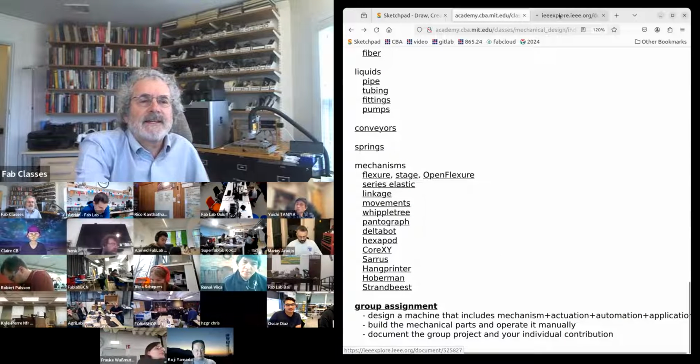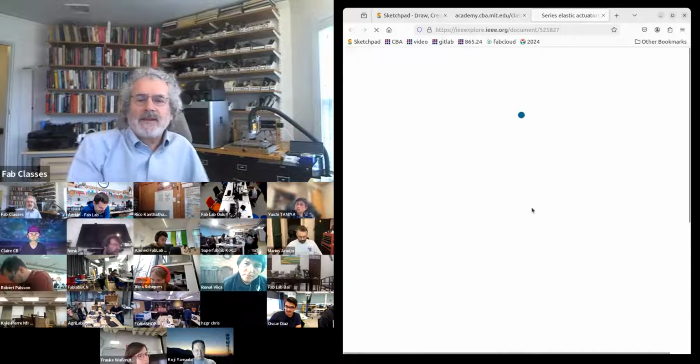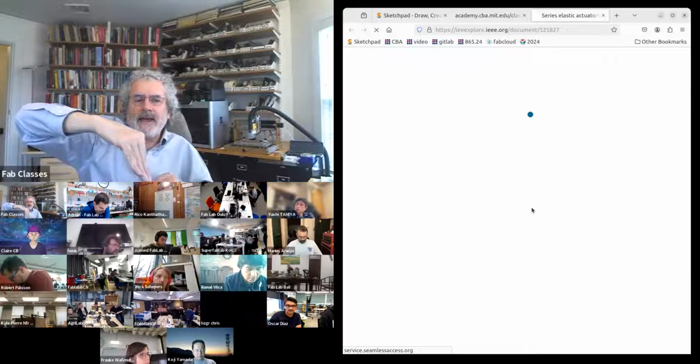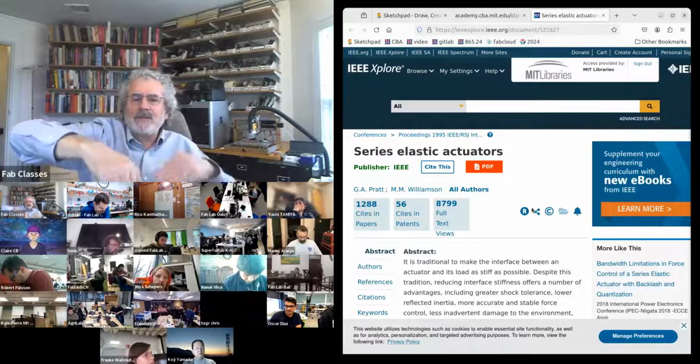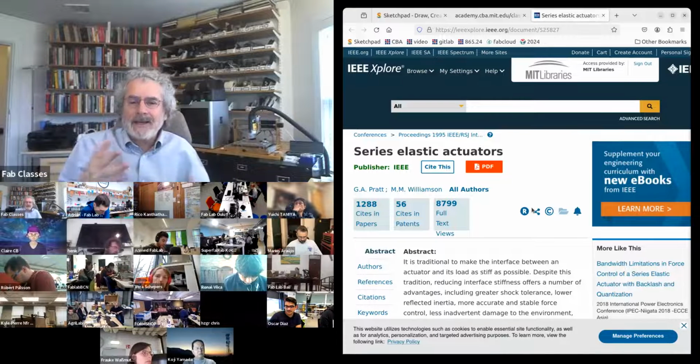Series elastic is an important concept. The idea of series elastic is if you have a robot and you just drive the legs directly, the robot sort of walks awkwardly.